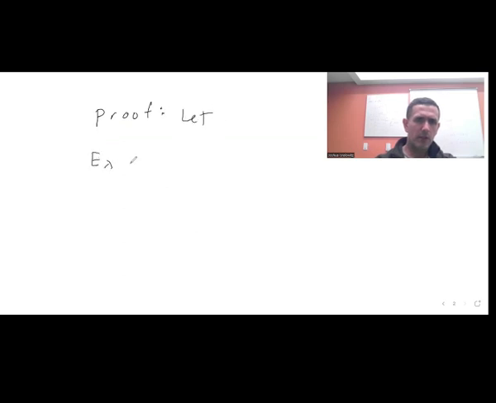As typical of any proof of Chebychev's inequality, let's give this set a name, E lambda, the set where f is bigger than lambda.